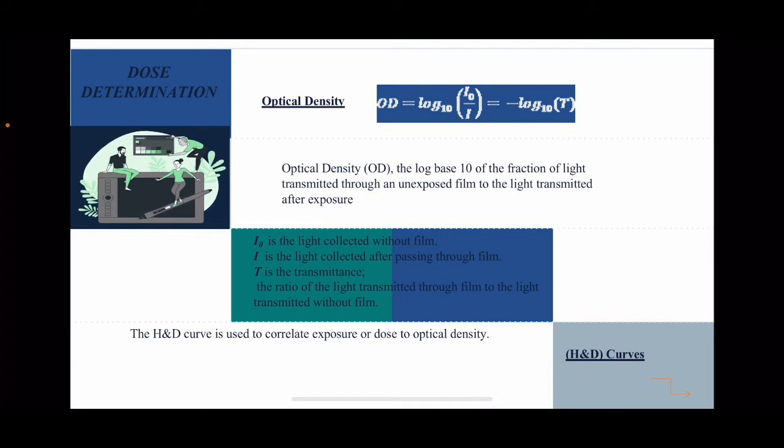T is the transmittance, the ratio of the light transmitted through film to the light transmitted without film. The H and D curve is used to correlate exposure or dose to optical density.